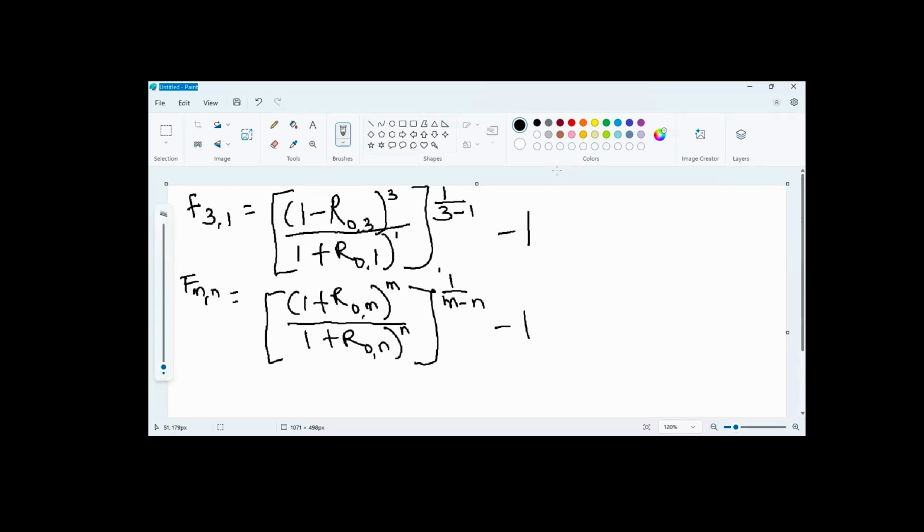My M is equal to 3. You observe that when I get to this M, I replace it with 3. My N is equal to 1. When I get to this part of the formula, I replace N with 1. Raised to power M, our M is 3. Raised to power N, our N is 1. Close our bracket. 1 over M, M is 3. Look at the linkage.